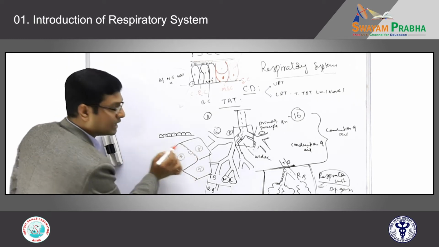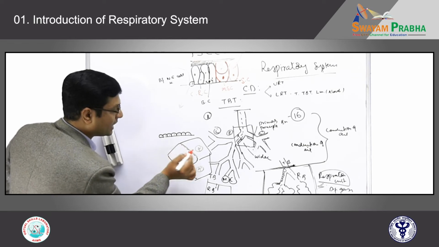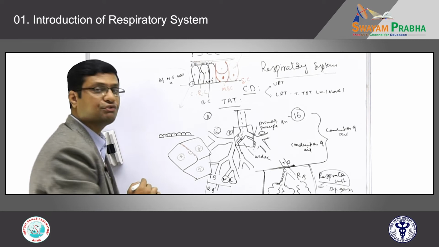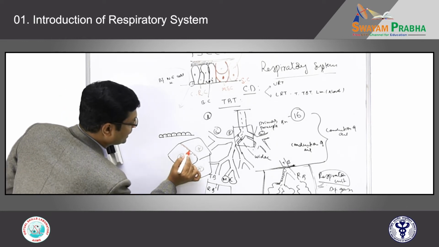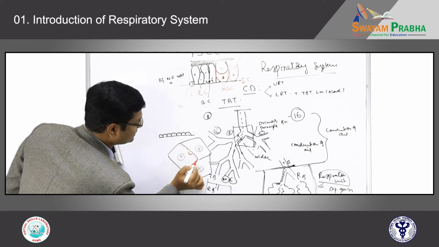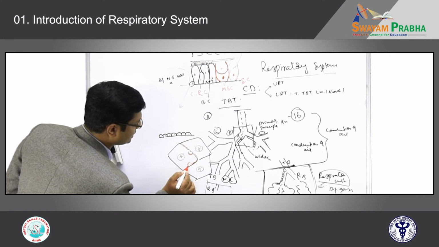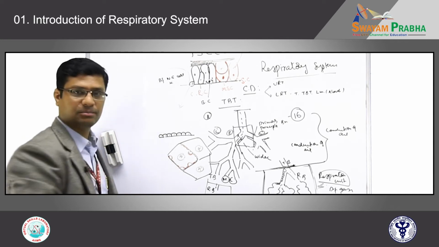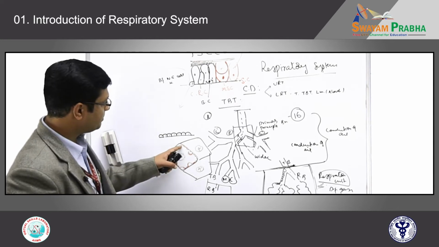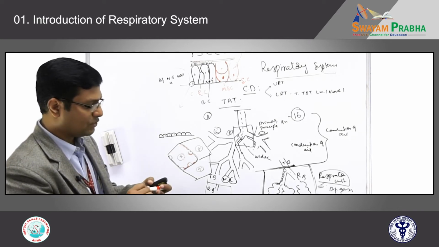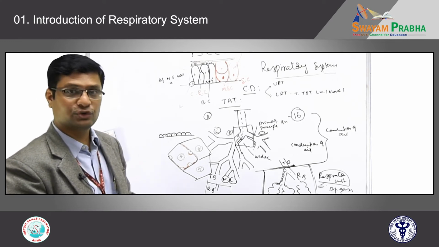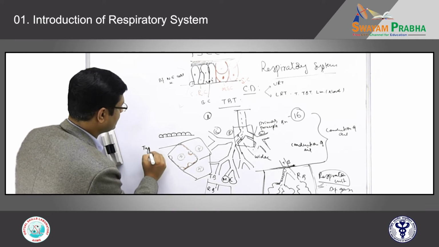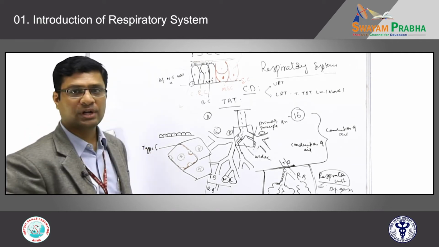So, these alveolar septa are lined on the inner side by simple squamous epithelium, flattened epithelium, and occasionally one big cell. The flattened epithelium which lines the alveoli, where actually the diffusion takes place, we call type 1 cells, type 1 pneumocytes.